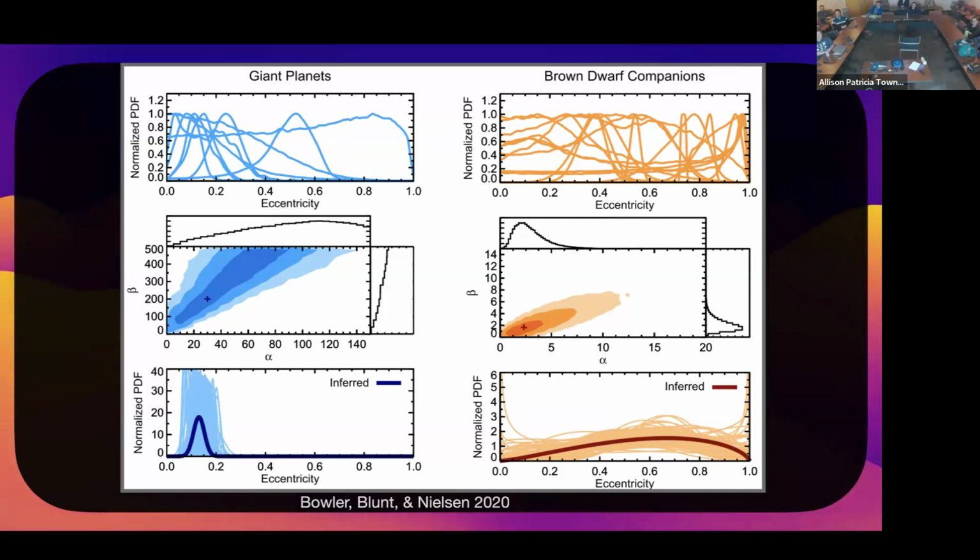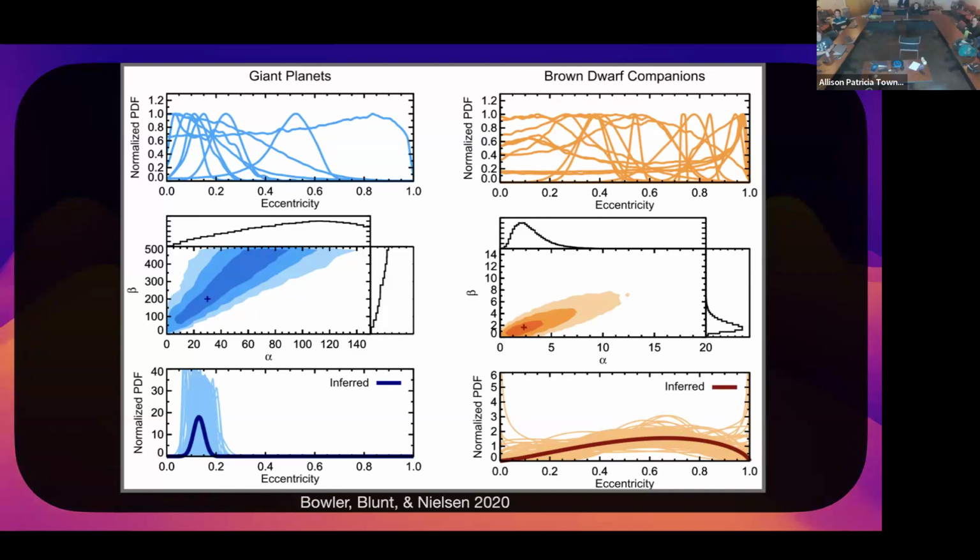So fitting into this population on the right here, HII 1348B does match these expectations, and this may hint at a difference in formation channel between these populations.